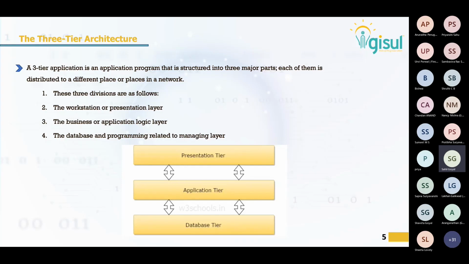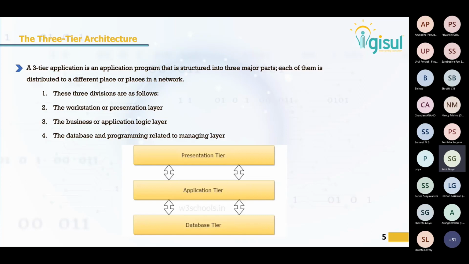The three-tier database architecture is where the database is at the bottom, meaning any information you are going to store is at the lowest layer, the database layer. On top of that, you will have applications which consume the data from the database and present the information to the end user.